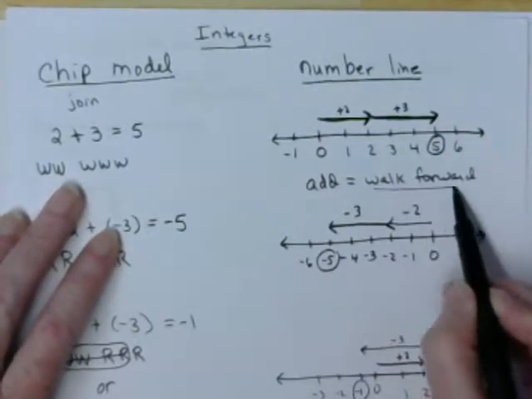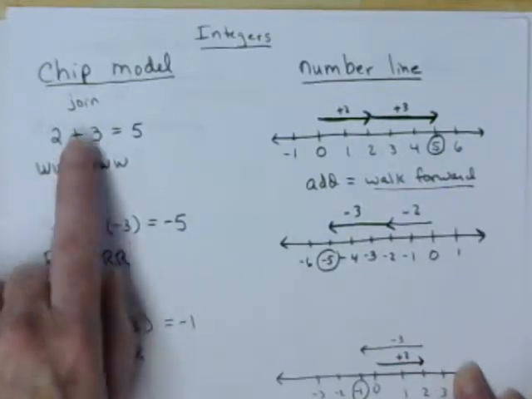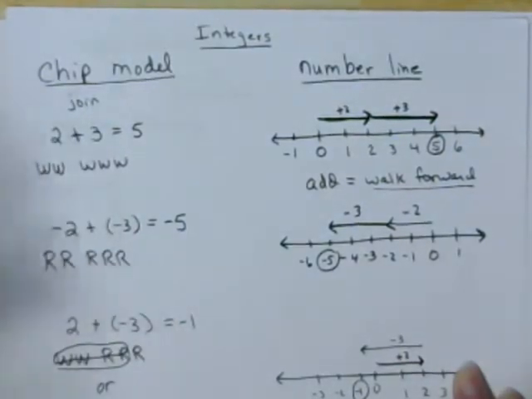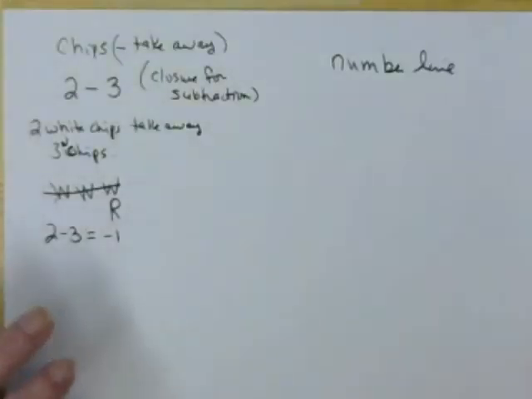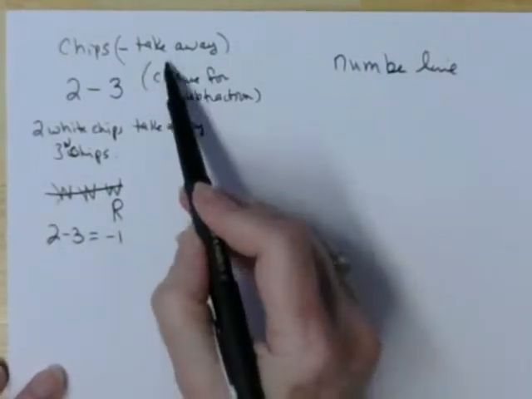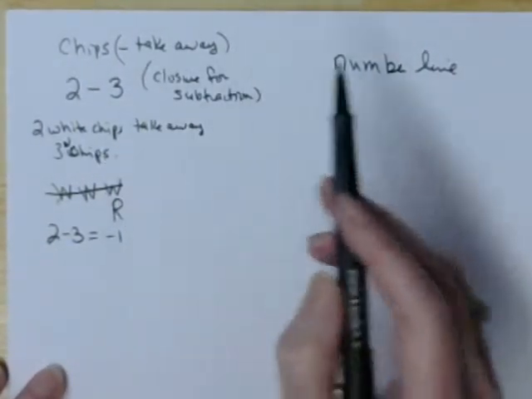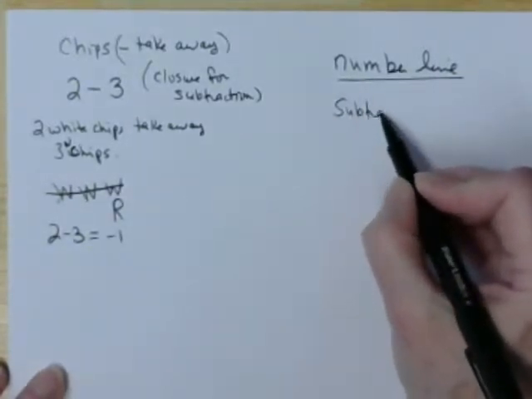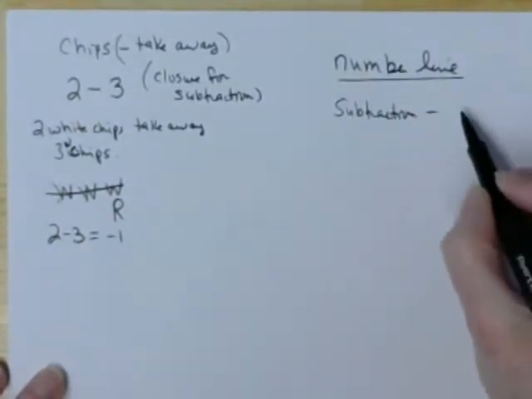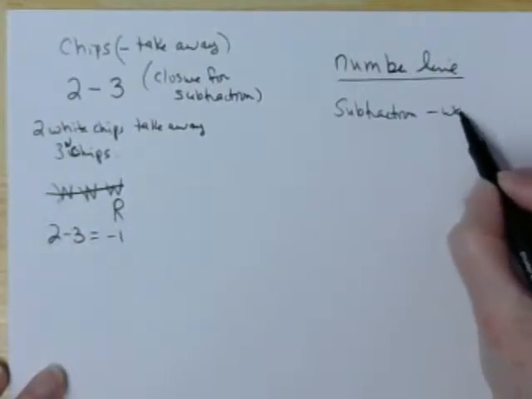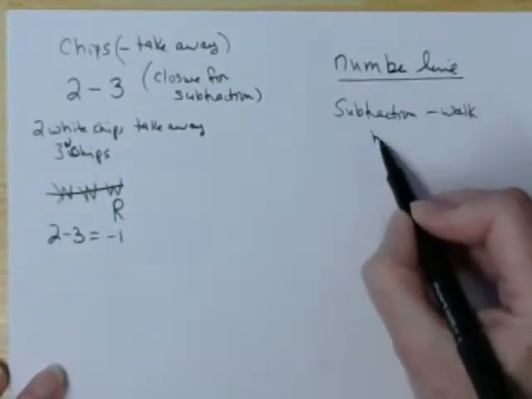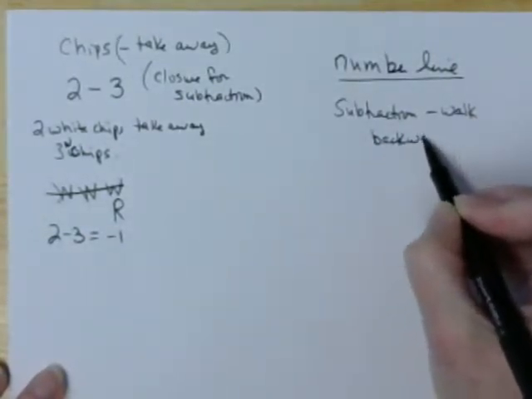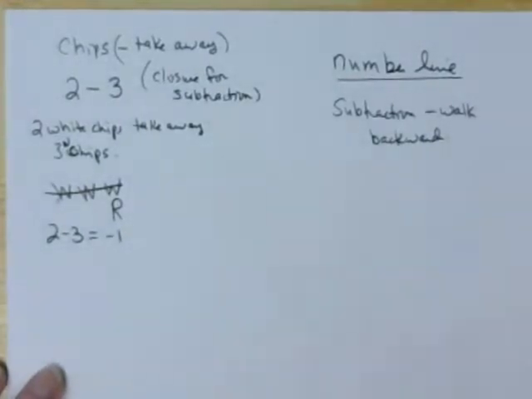So add means to walk forward. And when you're doing it with chips, you're joining sets. Now with subtraction, subtraction means take away when you're doing it with the chips. For the number line, subtraction is going to mean walk backward.